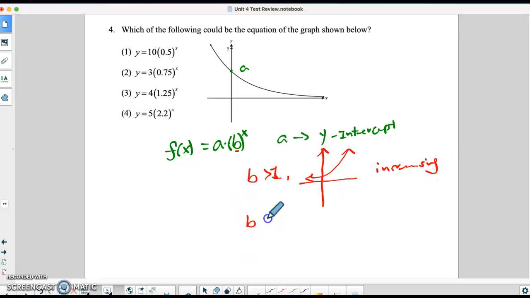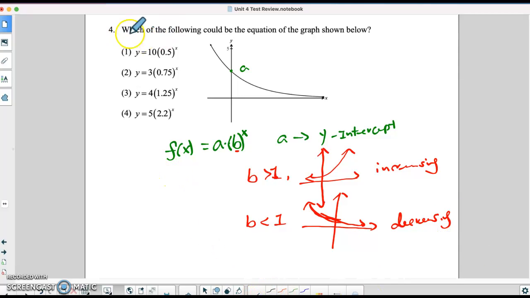If b is less than 1, the graph will look like this. It's not perfect, but it's a curve that is decreasing.